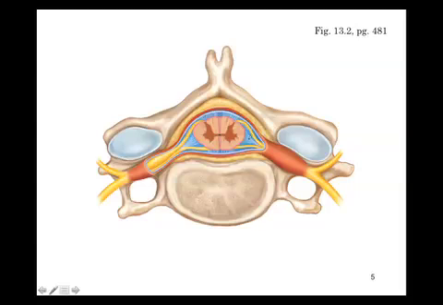In fact, these little strings on the side here that prevent the spinal cord from swinging side to side are called denticulate ligaments.